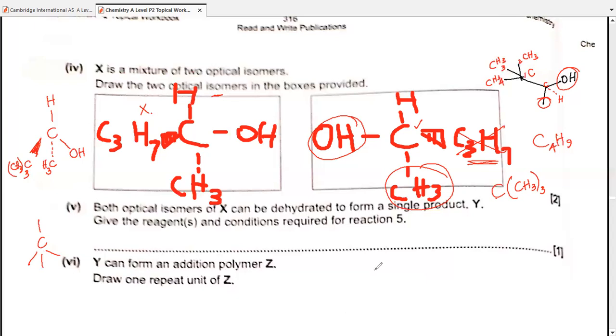So if one of them is like this, let's say you draw the dotted part over here. In fact, I shouldn't be doing this. You draw the wedge over here, the dotted line, the straight line over here, and the dotted line over here. Then the mirror image should give us the dotted line over here, the straight over here, and the wedge over here.